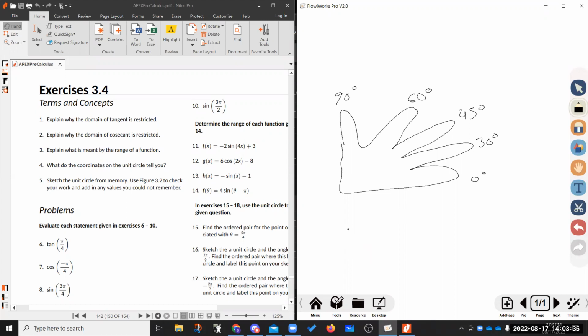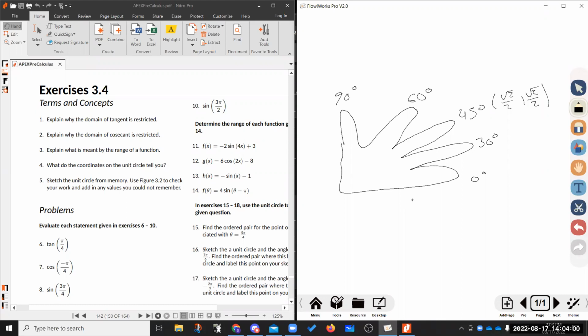I have 2 fingers to the right. So it's the square root of 2, the number of fingers that I have to the left, over 2. And square root of 2, the fingers to the right, over 2. And that's what my point is for my ordered pair at 45 degrees: root 2 over 2 and root 2 over 2.